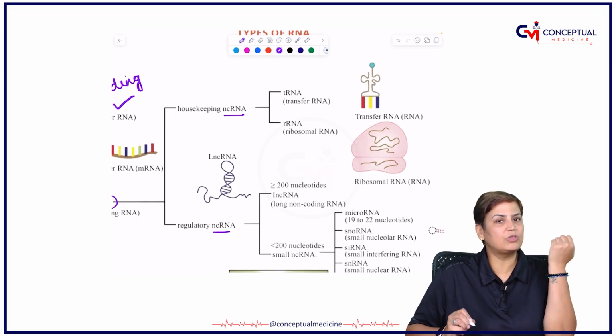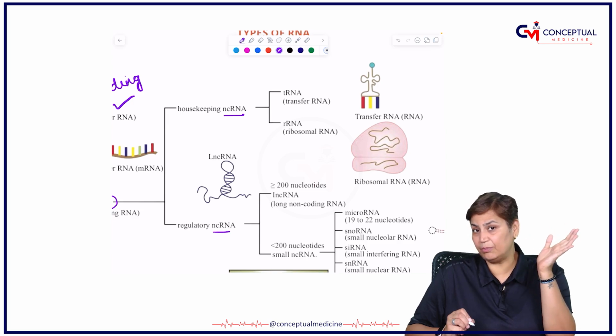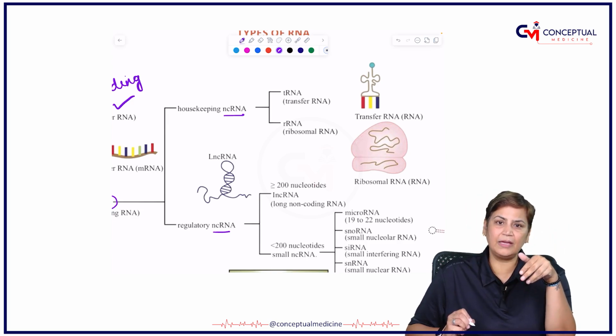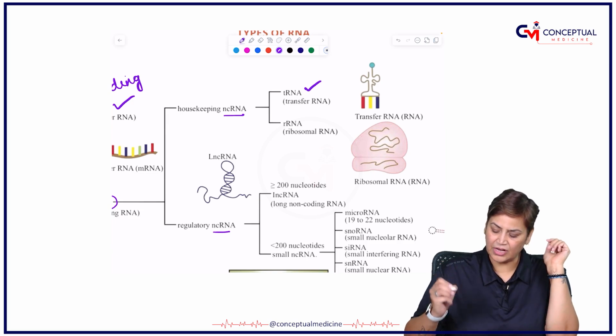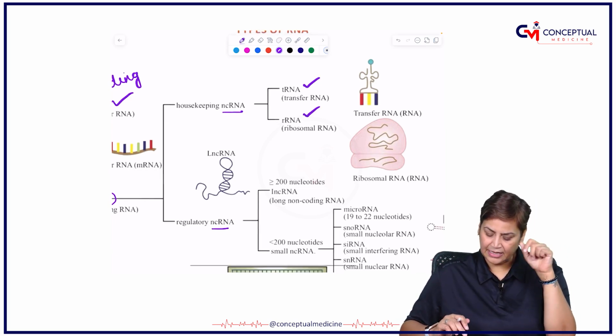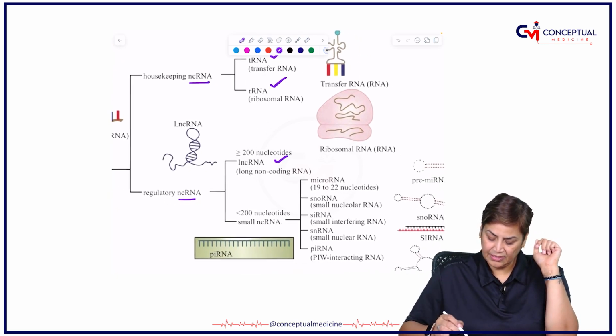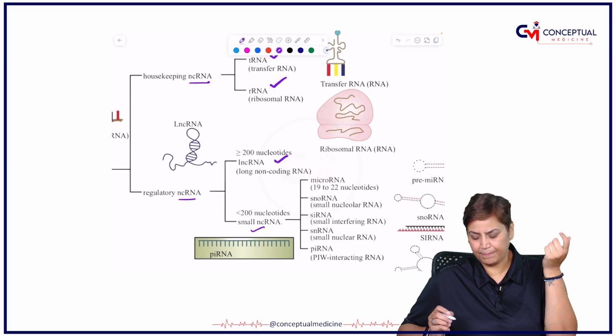If we talk about housekeeping, as I just told you, three RNAs are very, very important. Other housekeeping non-coding RNAs are transfer RNA and ribosomal RNA, and regulatory ones are long non-coding RNA or small non-coding RNA.